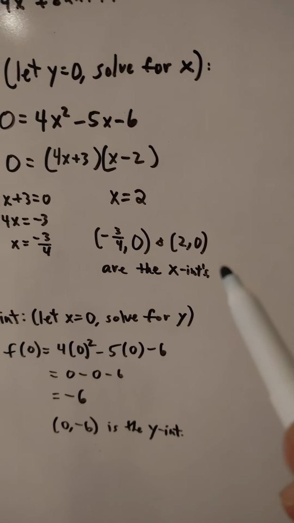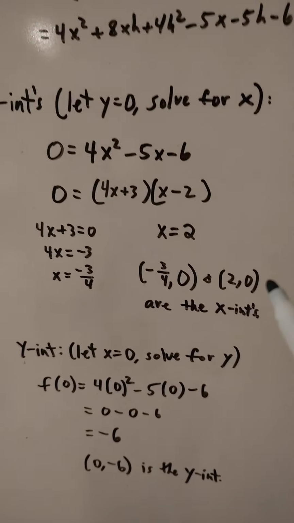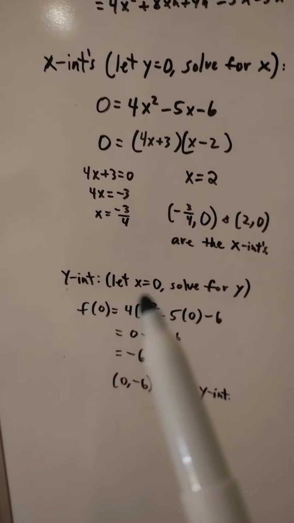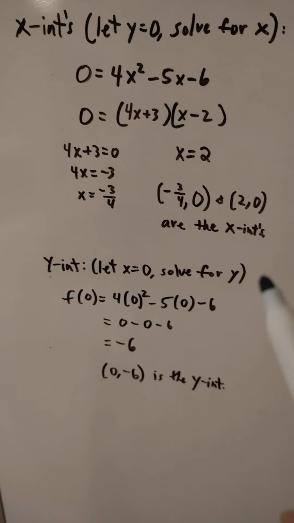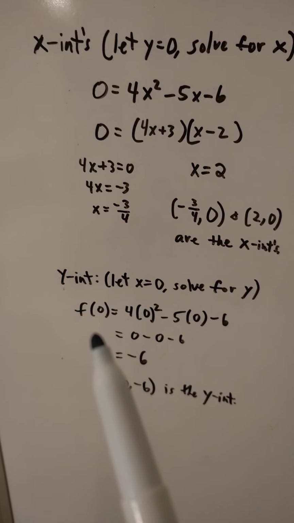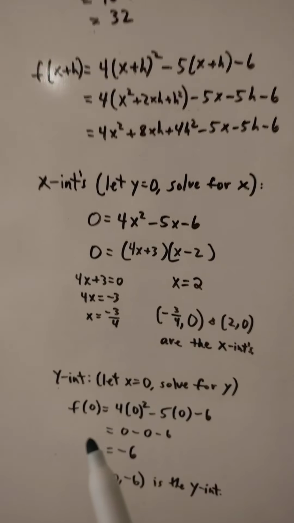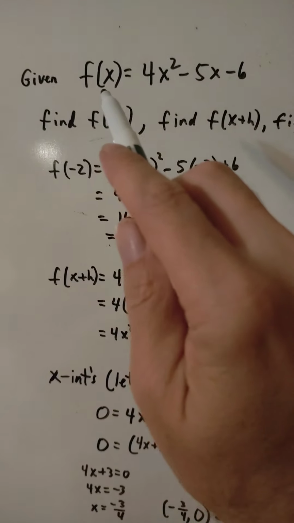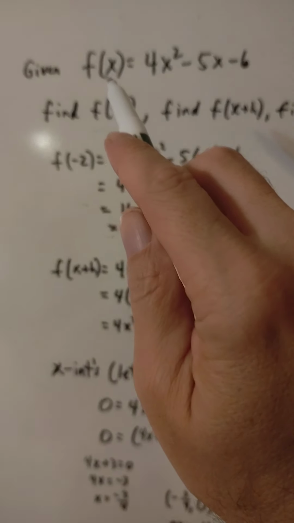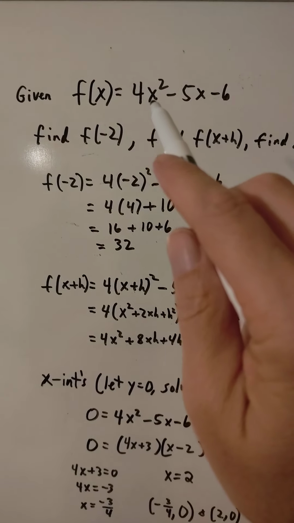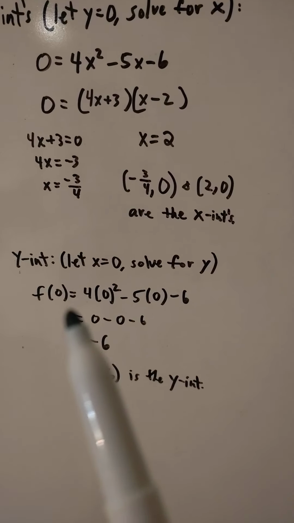Those are the x-intercepts. How do you solve for a y-intercept? It's the flip-flop. You let x equal 0 and solve for y. It's usually easier to find the y-intercept. So let's let x equal 0. I'll even let that x equal 0. So I write f of 0 equals 4 times 0 squared minus 5 times 0 minus 6, which I have right here.